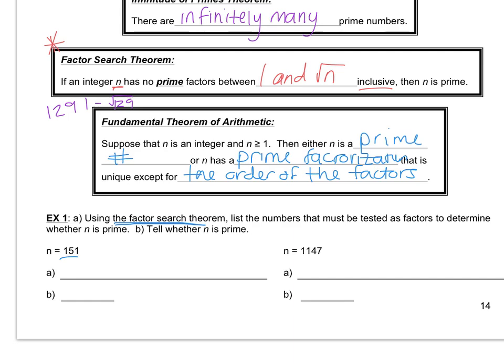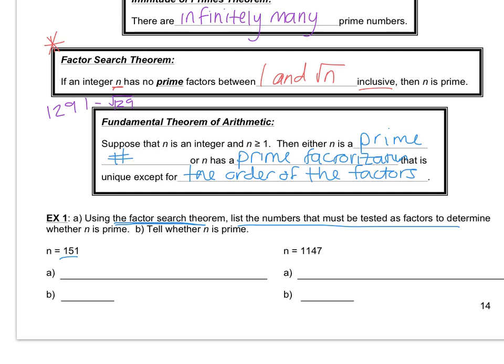I want to see if 151 is a prime number. Part A says, list the numbers that must be tested as factors to determine whether n is prime. So I need to test all of the numbers between 1 and the square root of 151. And if none of those are factors of 151, then it's prime.